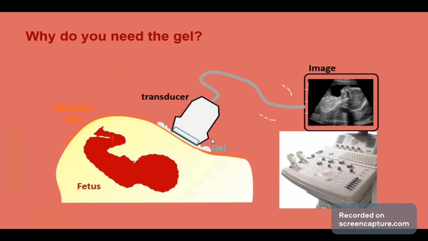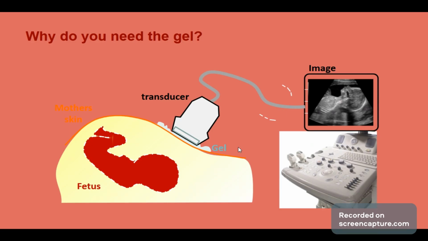We talked briefly about where this gel comes from and why it's used. And so again, we just want to kind of remind ourselves of what the purpose is. And if we remember, the transducer sends out these signals and they get reflected whenever there's a change in density.